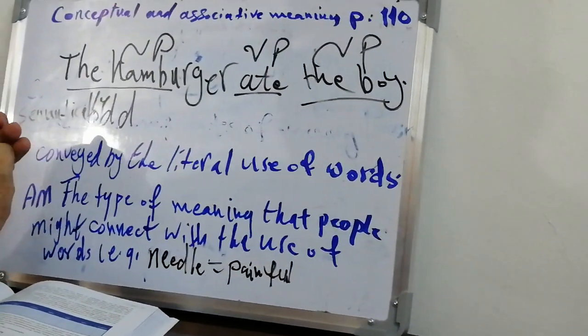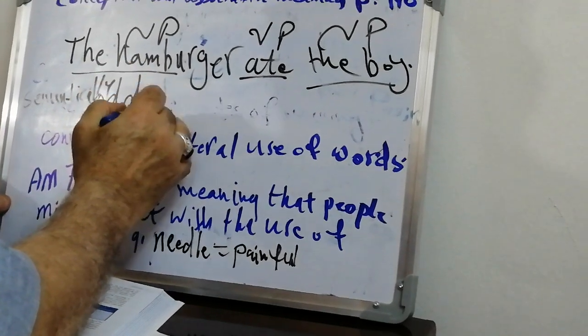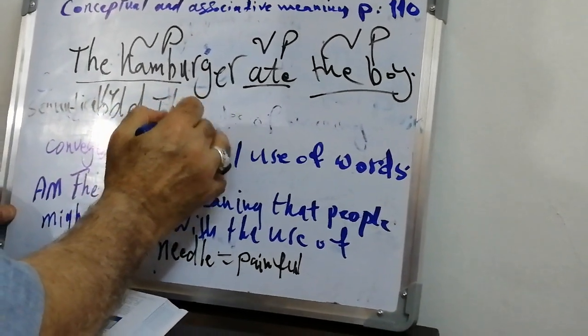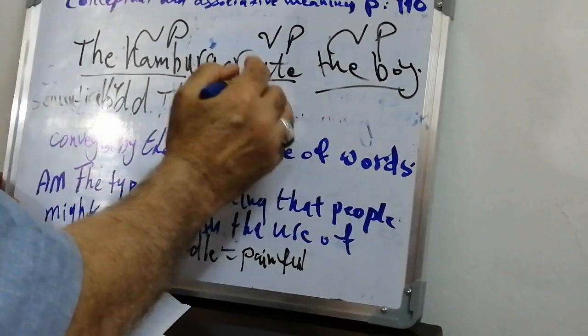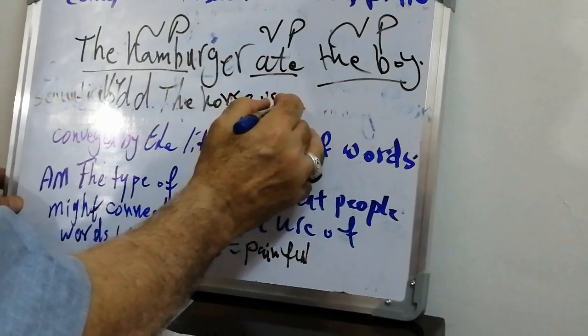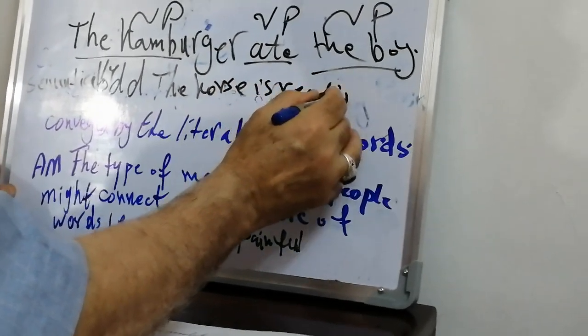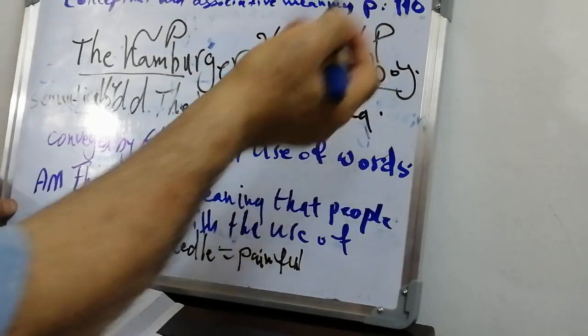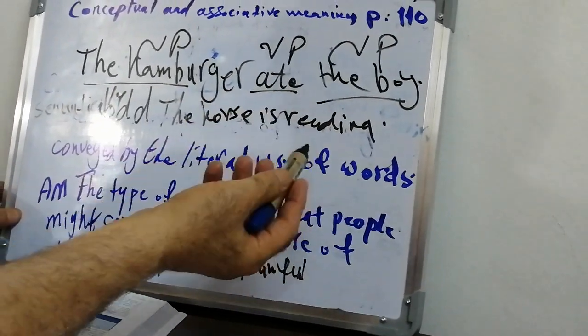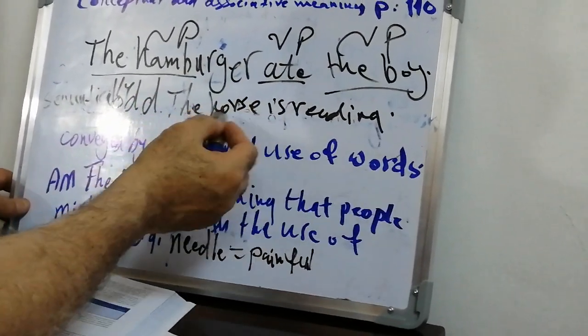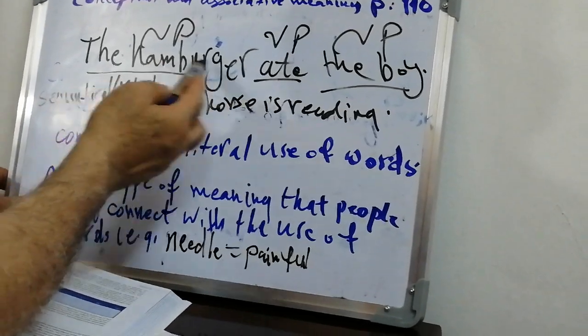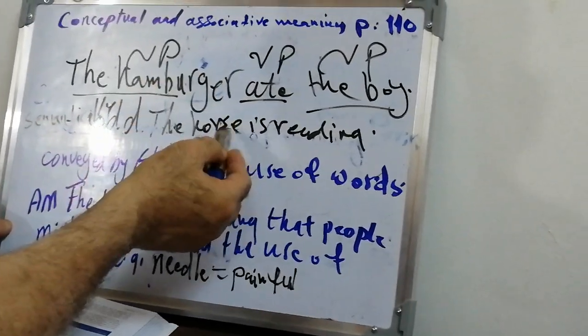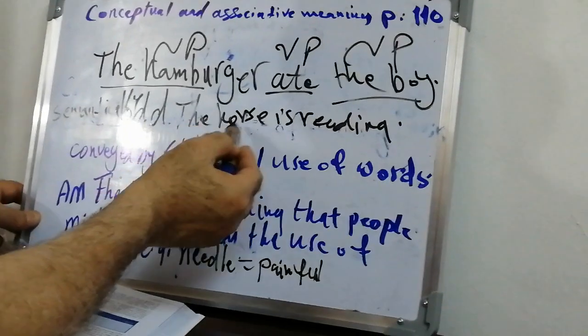Another sentence, for example, when you say the horse is reading. We do not expect a sentence such as this. Just like the previous sentence, it is grammatically, syntactically correct.